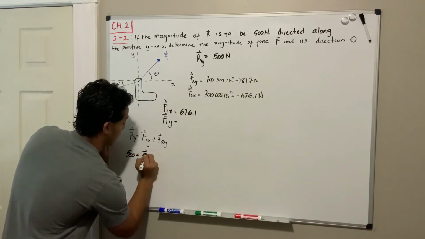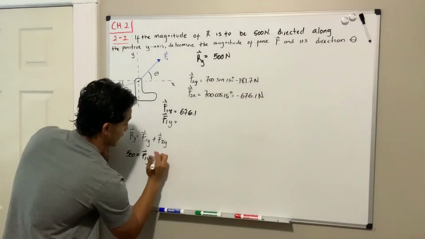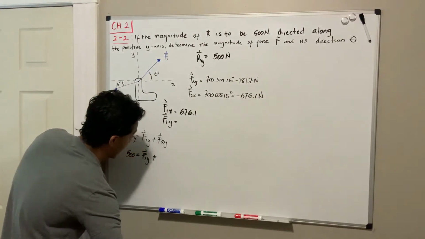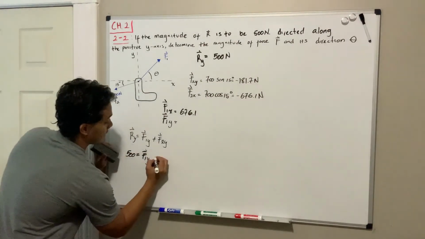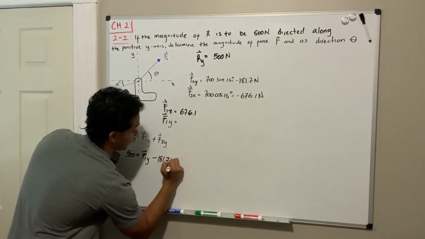F of 1y is the one that we want to find, and F of 2y is equal, actually not to positive, but to negative 181.7 newtons.